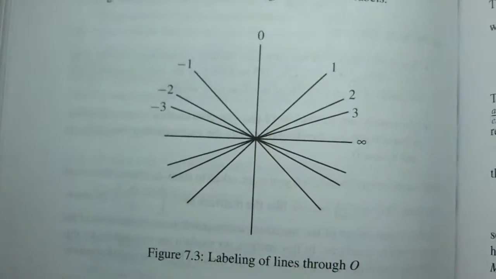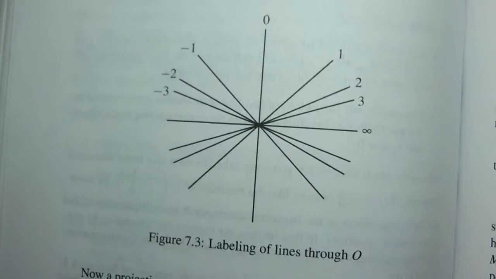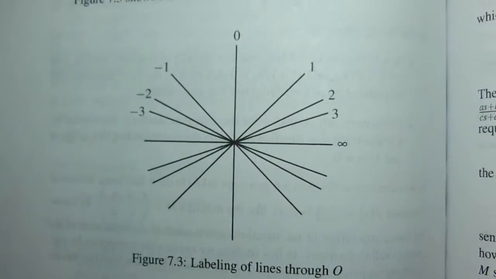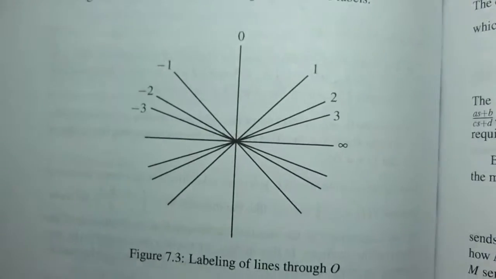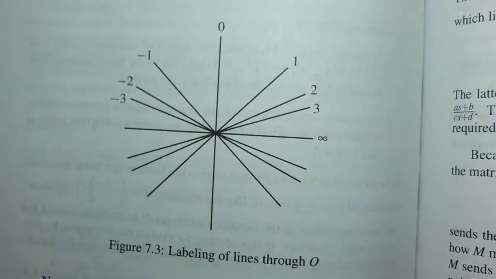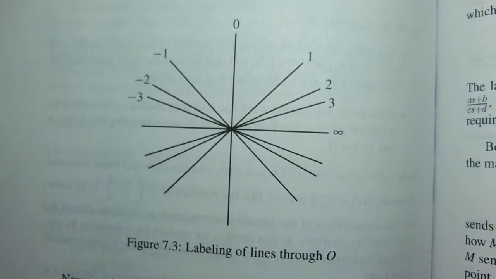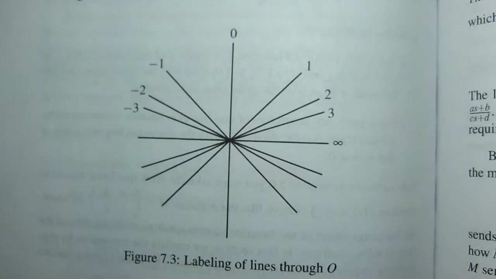So 0 here is the x-coordinate of the line passing through, but this is just the y-axis. This is the association of the y-axis to the number 0. Okay. And similarly, here are the negative values of s. So in this way, associated to every single line passing through the origin is some number.